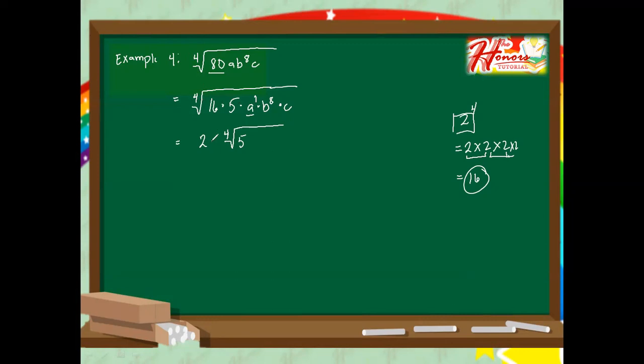So we will be writing b raised to 2 here. And then for c, the exponent is 1. So again, it is not possible to divide it by your index because 1 is less than 4. So therefore, we will be writing c here. So the final answer is 2b squared, fourth root of 5ac.